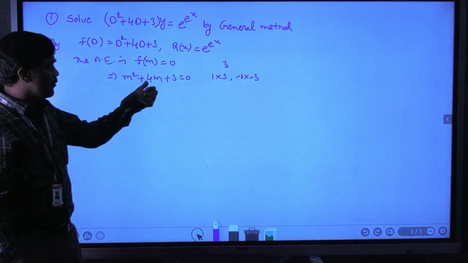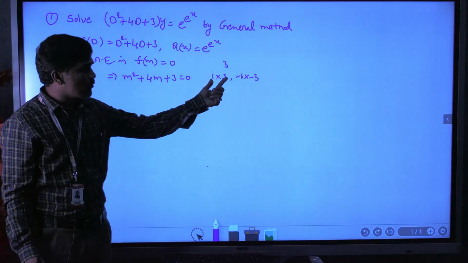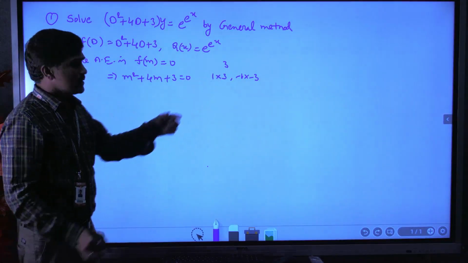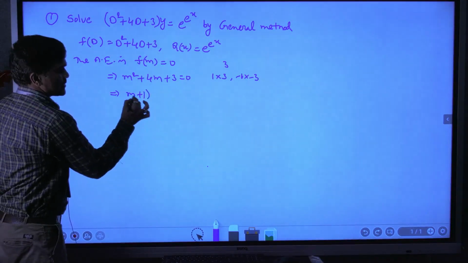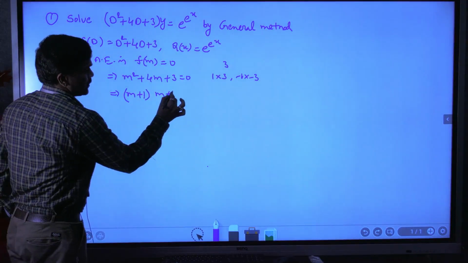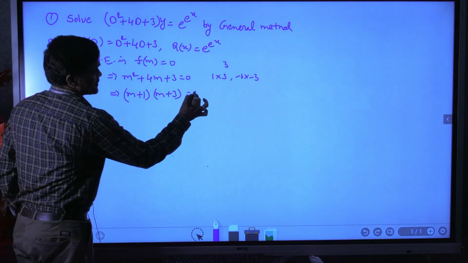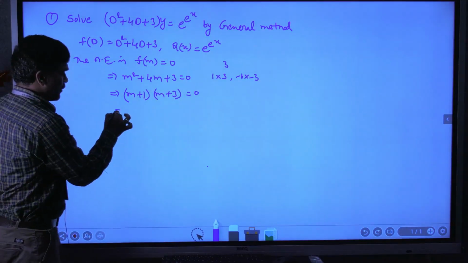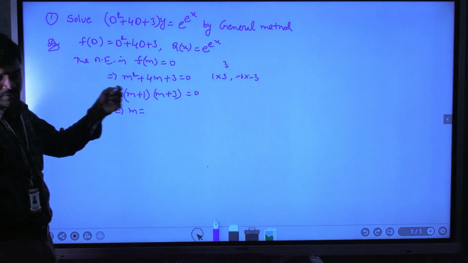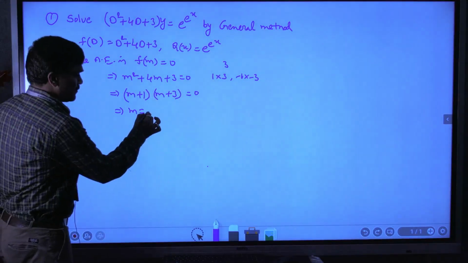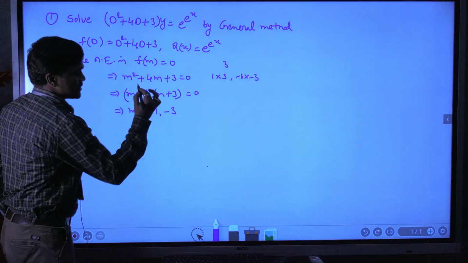Since we have plus 4, we take only 1 and 3. This can be written as m plus 1 into m plus 3 is equal to 0. Now m plus 1 is equal to 0 or m plus 3 is equal to 0, so the roots are minus 1 and minus 3.